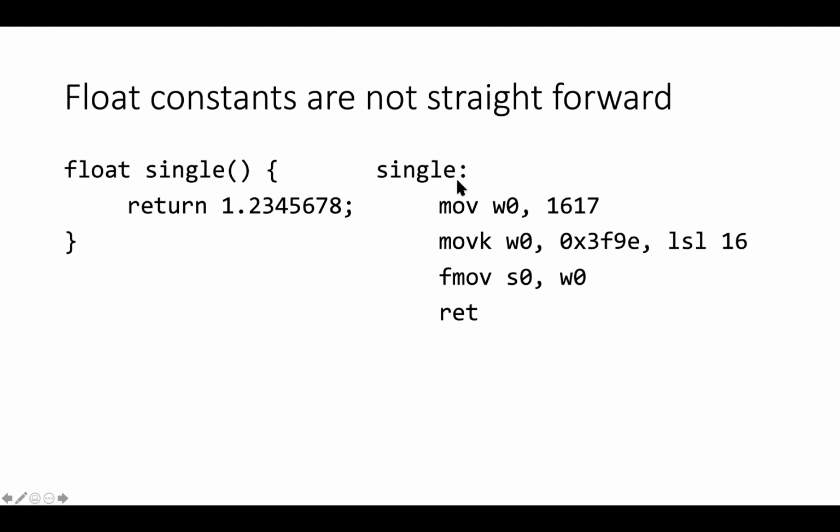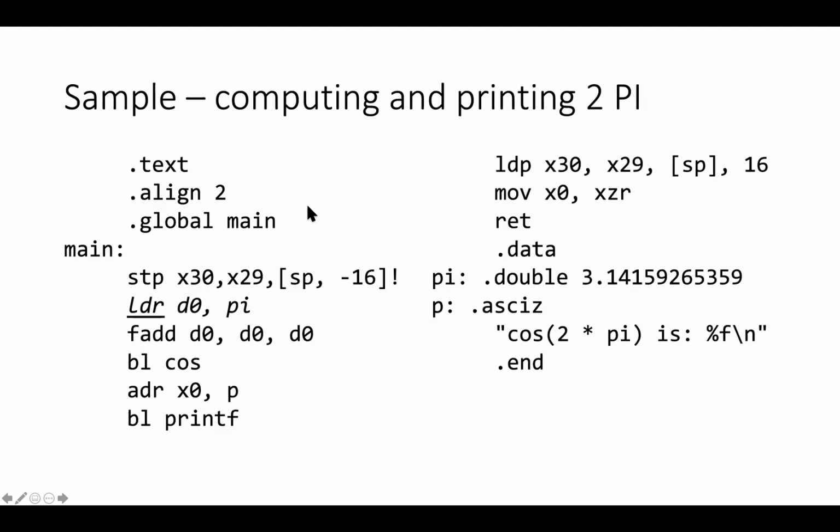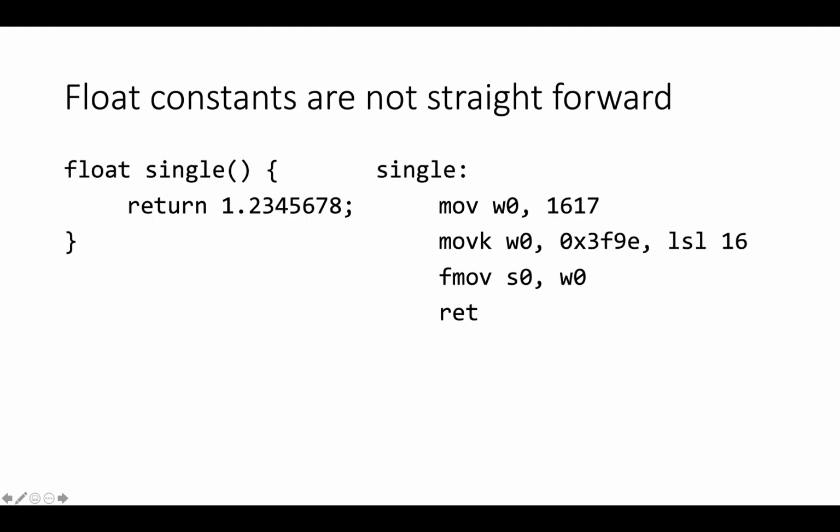So what the compiler did was break up this number, 1.2345678, into its actual bits, put 32 bits worth into W0, and then loaded the upper half of W0, the part you don't usually get access to, right?